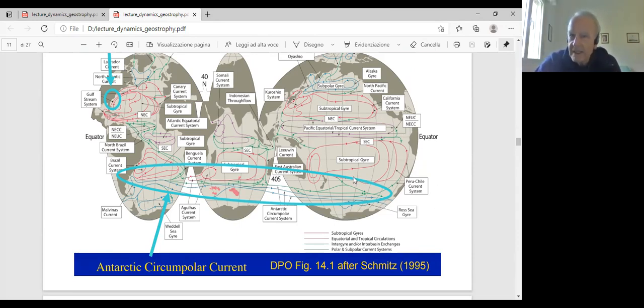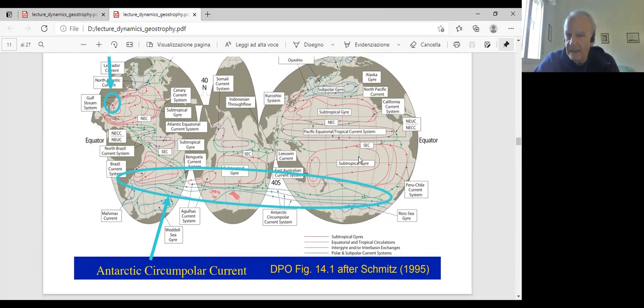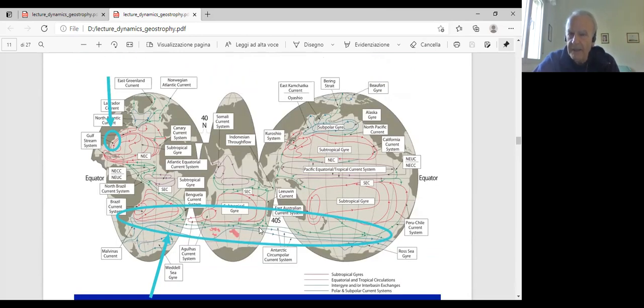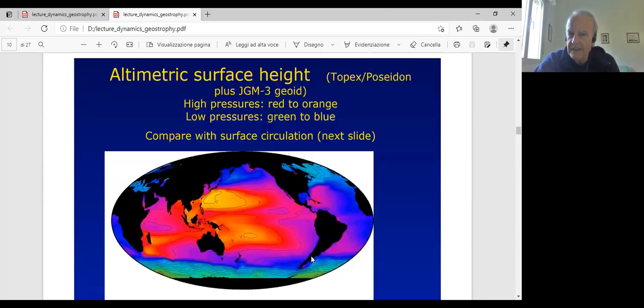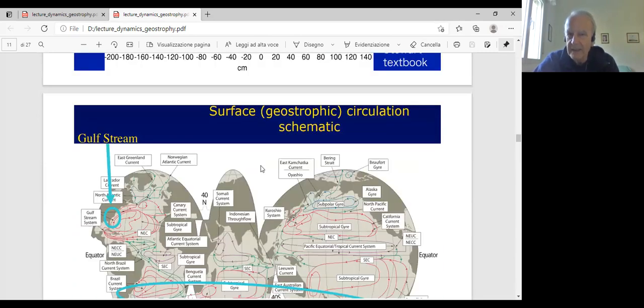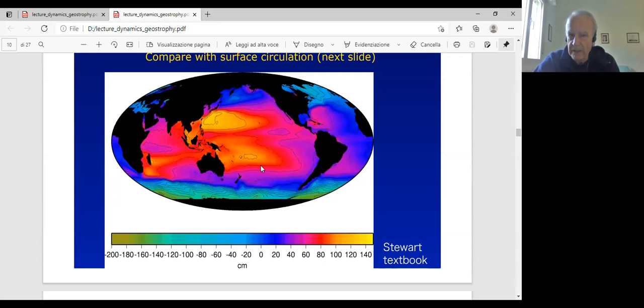And so you can see how similar the distribution of the sea level is to the circulation, which is obtained in an independent way. This has not been obtained from this, but with other independent measurements, and you can see how similar they are to each other.